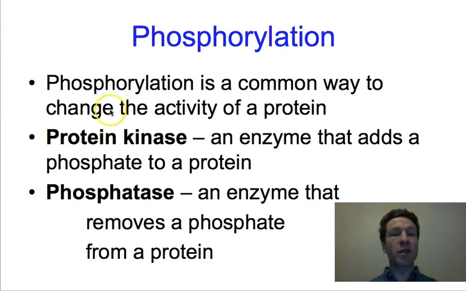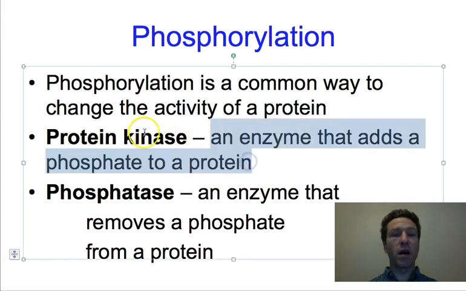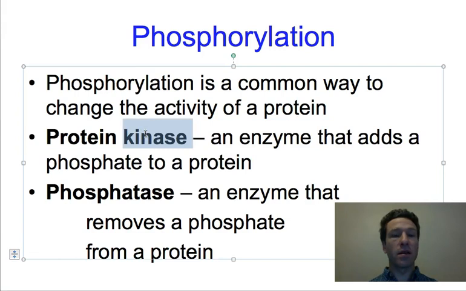So phosphorylation is always going to occur by the action of a particular enzyme. Enzymes that add phosphate groups to a protein are called kinases. So a protein kinase will be an enzyme that adds a phosphate group to a protein.